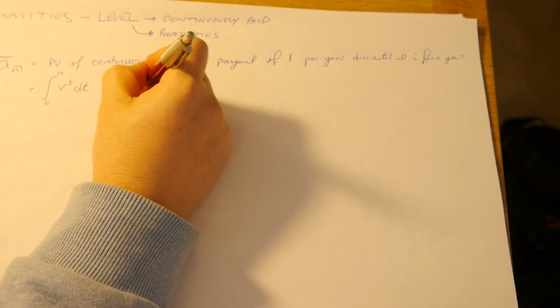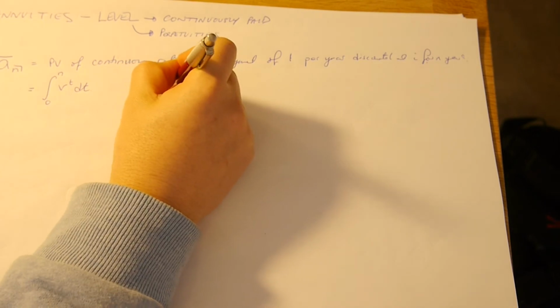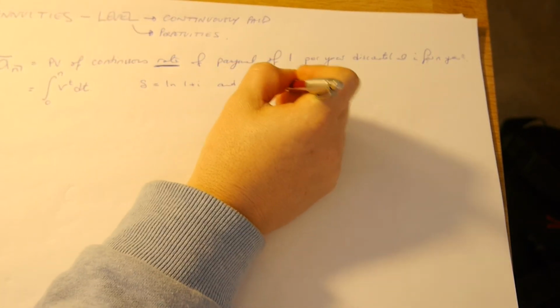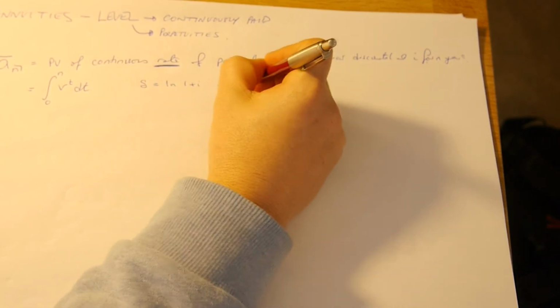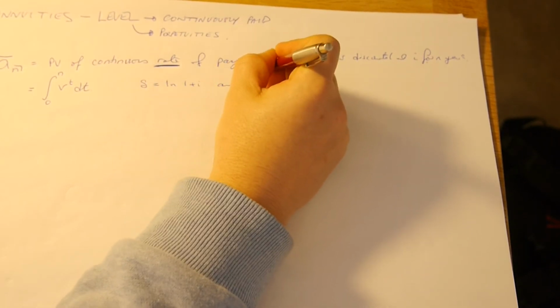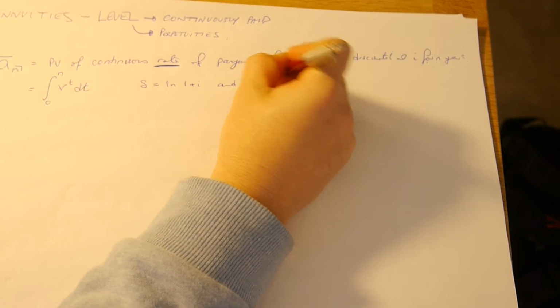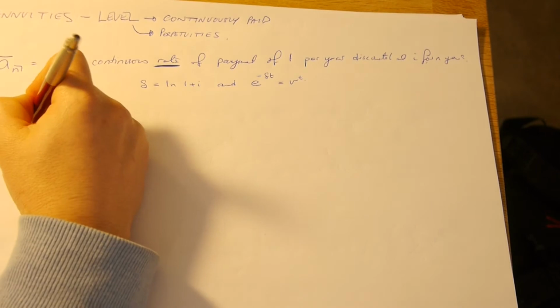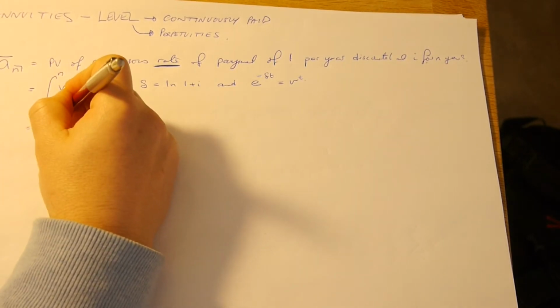We also have that delta equals log of 1 plus i, and e to the minus delta t equals v to the t. Put that in there now, that exponential.